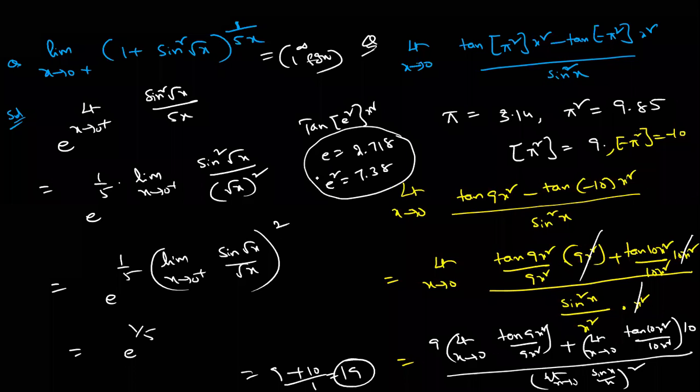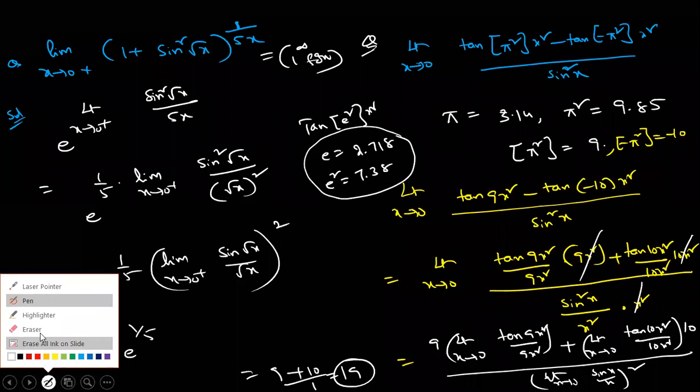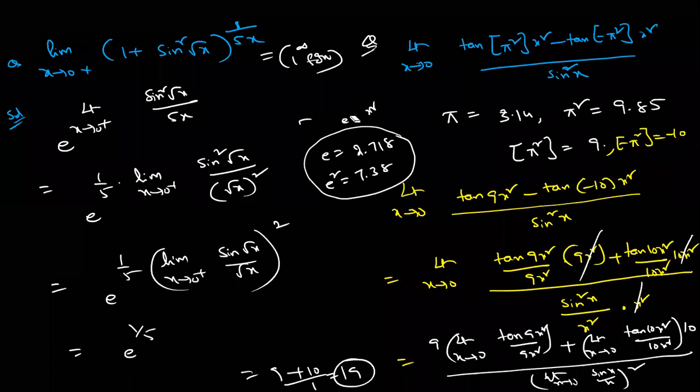Anyone? Okay, dear students, what is the value of e? 2.718. If e is there, what is your answer? Anyone? Tell me. Suppose e is there, what is the answer coming?